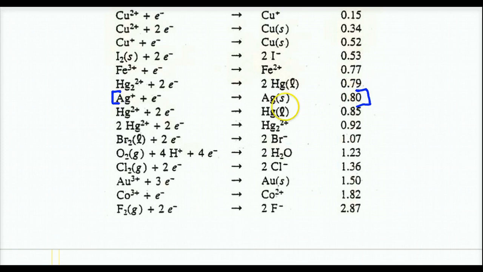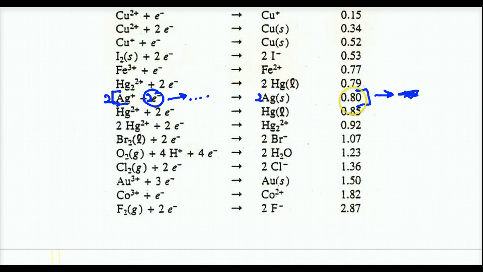Now you may say, Mr. Grodsky, we had 2 silver ions with 2 electrons making 2 of these. Wouldn't we double this voltage? And the answer would be no. This voltage never doubles or triples based on the electrons, because electrons is due to amperage, current, how much charge is being passed around. Voltage is the potential for current. It is the pathway based on how well silver, in this case, reduces, and it reduces pretty well.